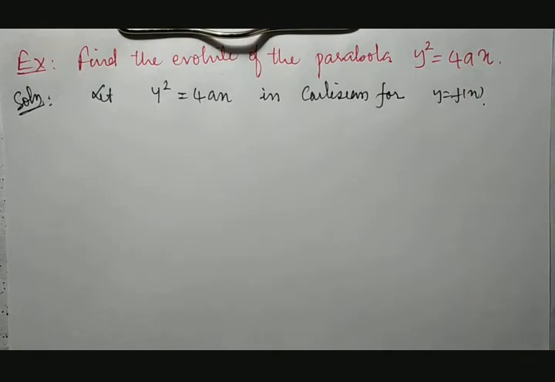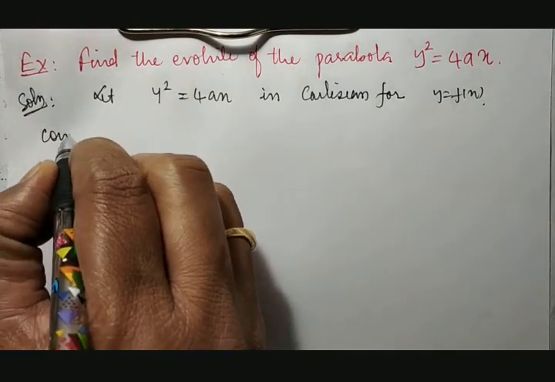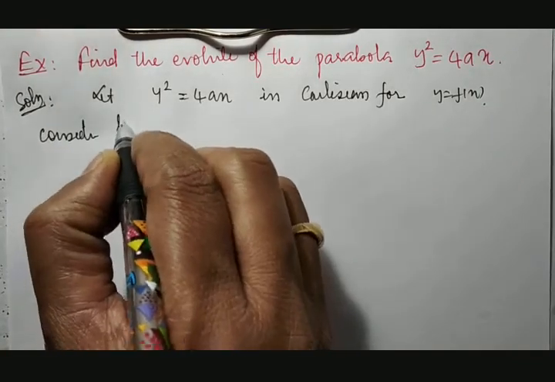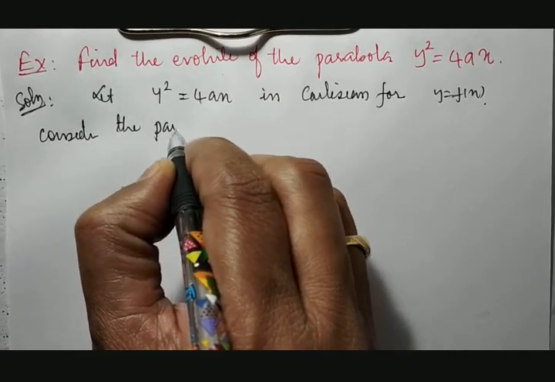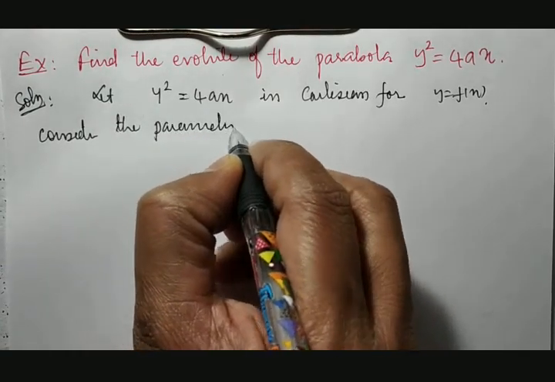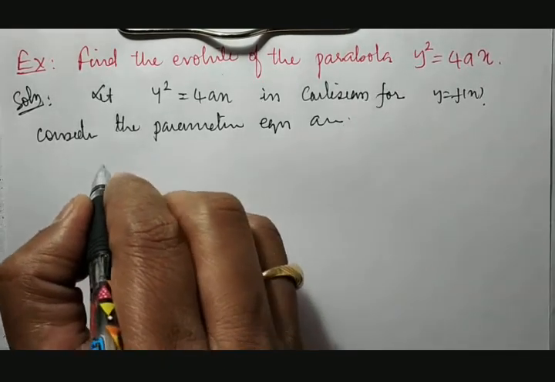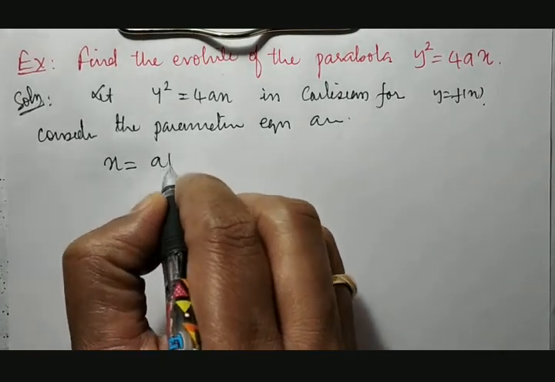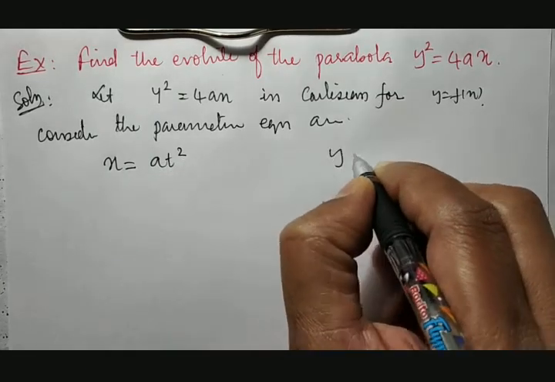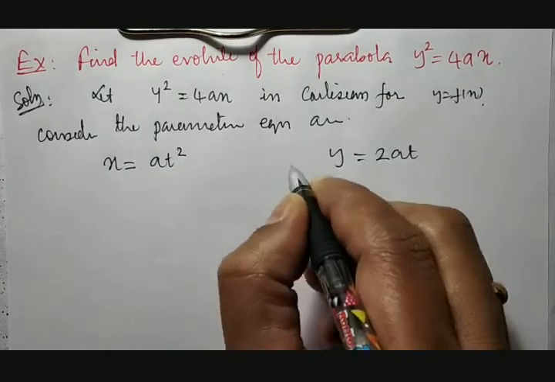Very first, we need to consider its parametric equations for this given curve. Parametric equations are x is equal to at square, y is equal to 2at.